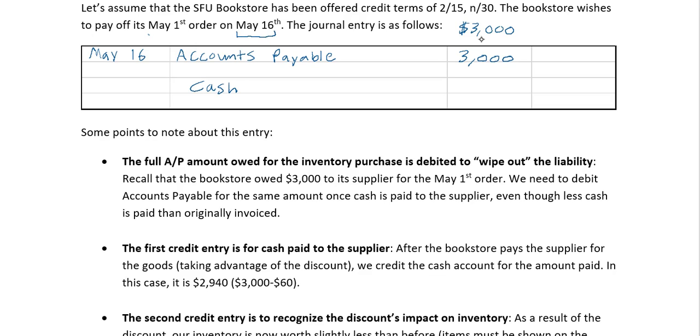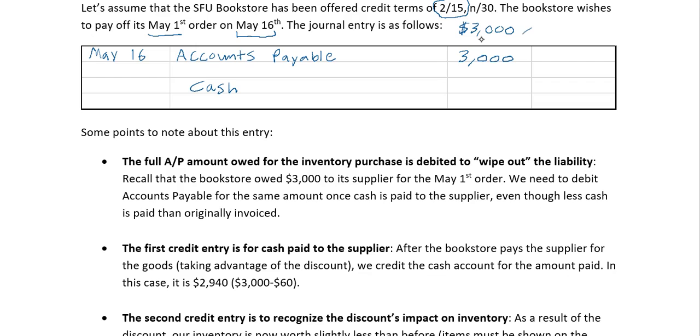Our order was on May 1st. So the discount terms that were offered to us were 2/15. So that May 16th date is within the 15 days of the discount period, because you start counting from May 2nd, and from 2nd to 16th is less than 15 days.